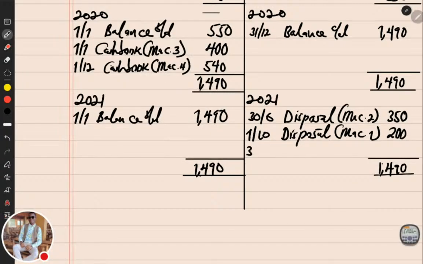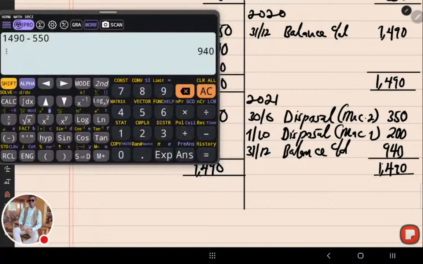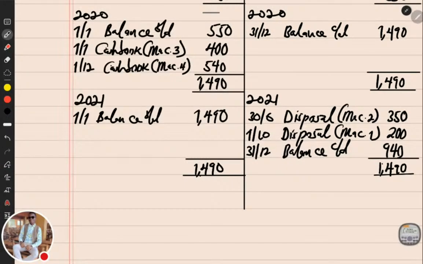So we're going to write that as 31st December as a balance. Balance carried down of what? 940. And we are true. So we'll have in the next year, 2022, balance brought down.